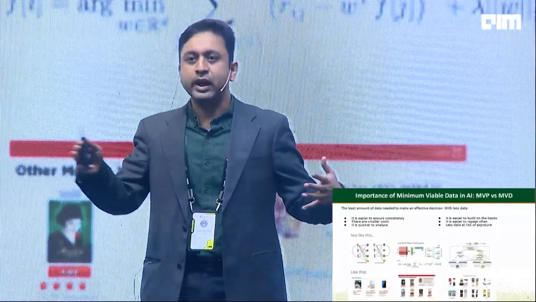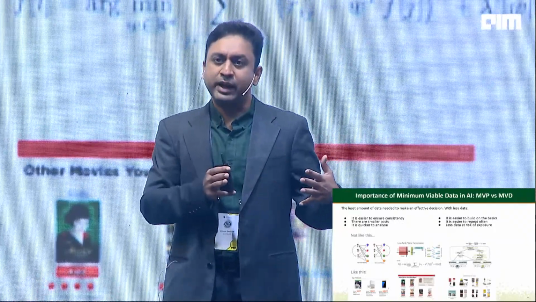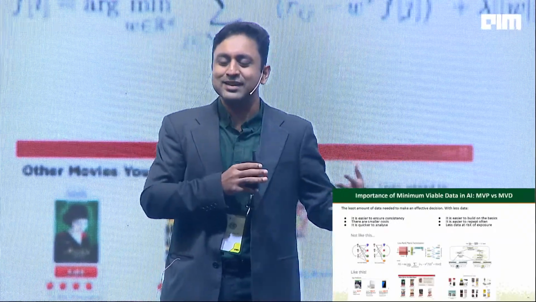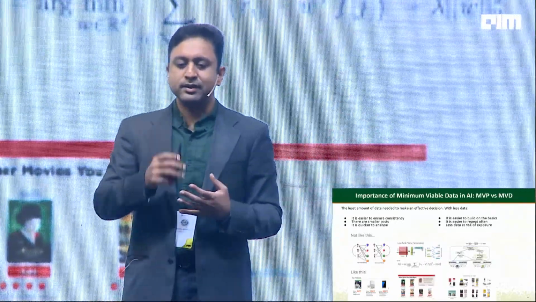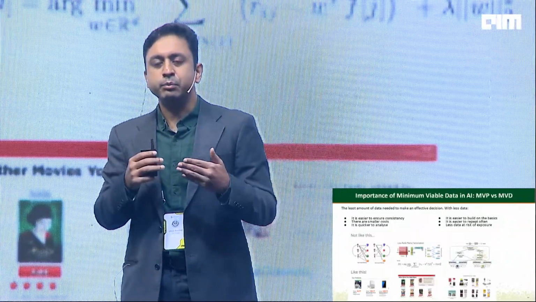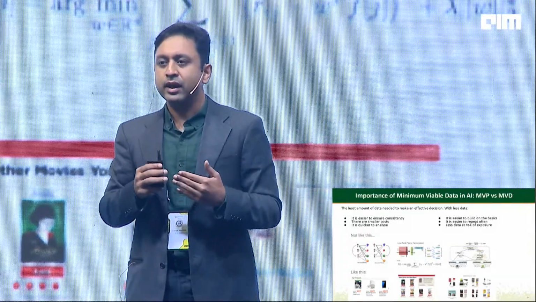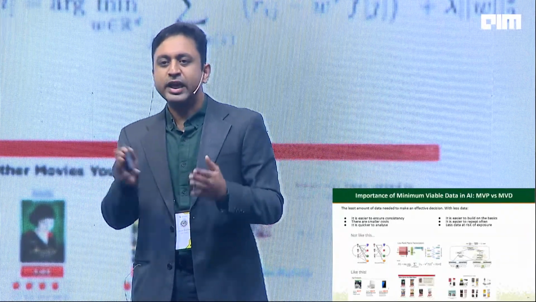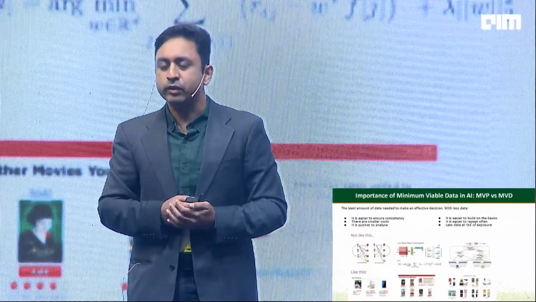The more data we have, the more time it takes for us to analyze. Hence, having the right fields and the relevant fields becomes important. And that's the reason why the more data we have, the better it is, but it always comes at a cost. Hence, for doing MVPs, having an MVD equivalent for building the model is also very, very useful.